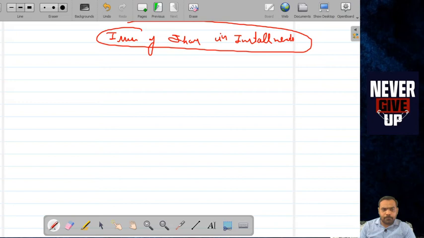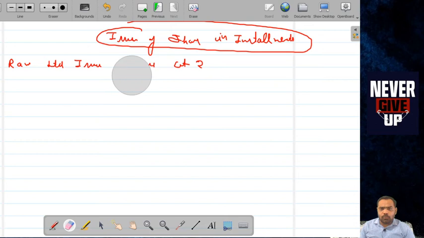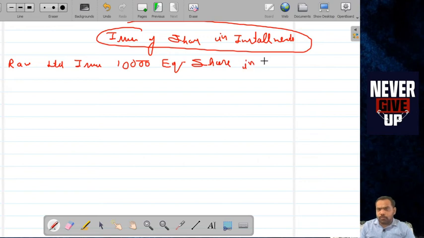Example: Ram Limited issues 10,000 equity shares of rupees 10 each.